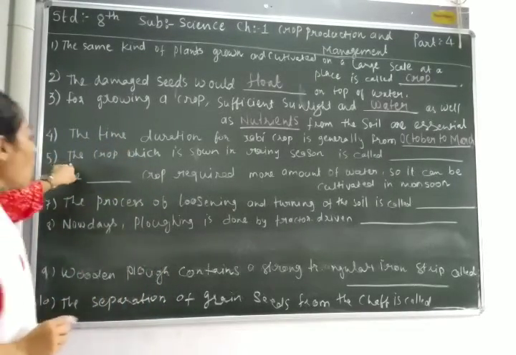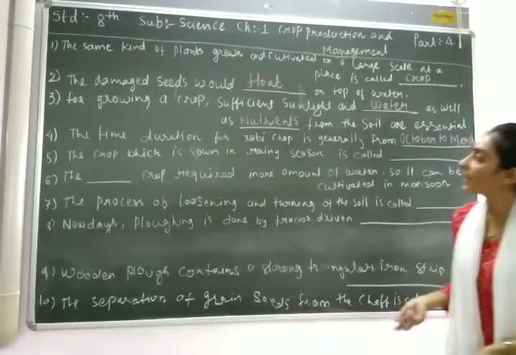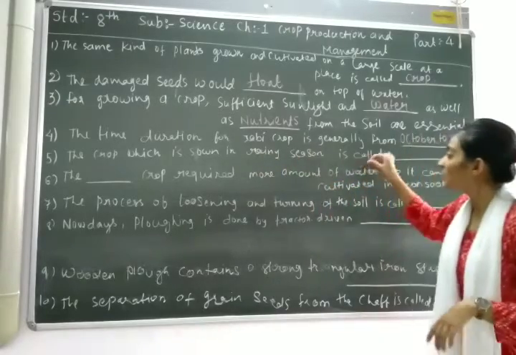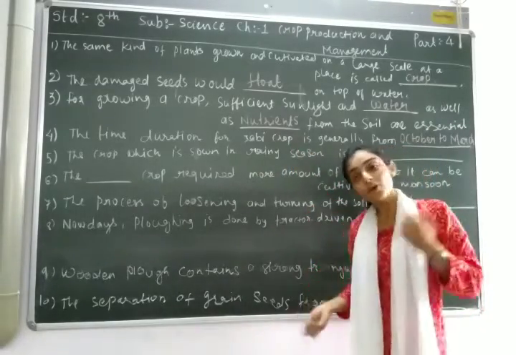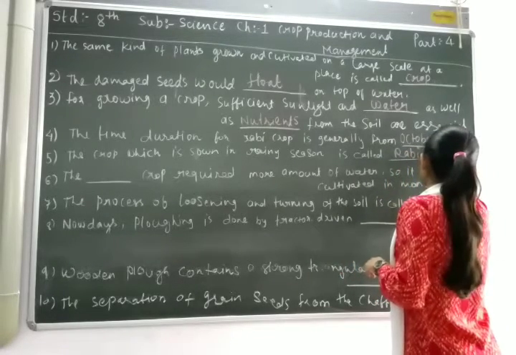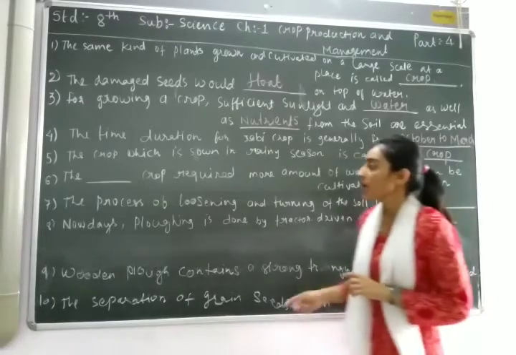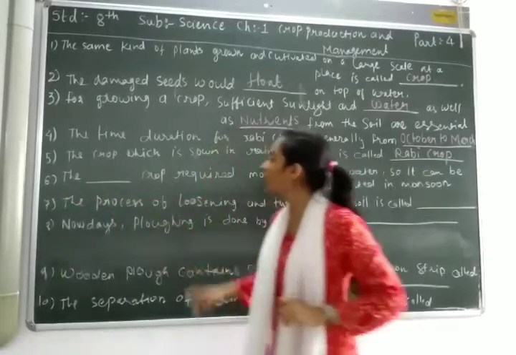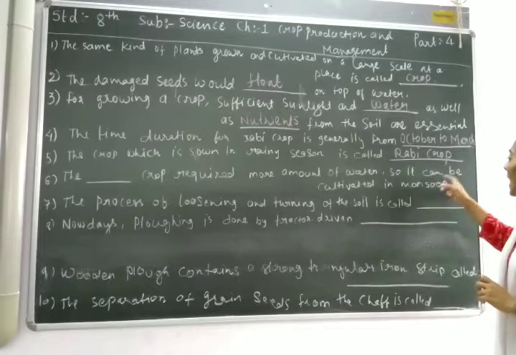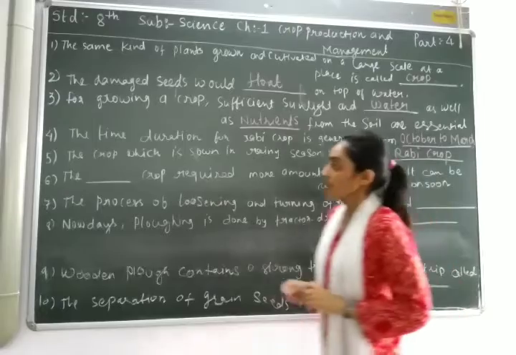Now, a crop which is sown in the rainy season is called, again, this one is the rainy season, a Kharif crop.